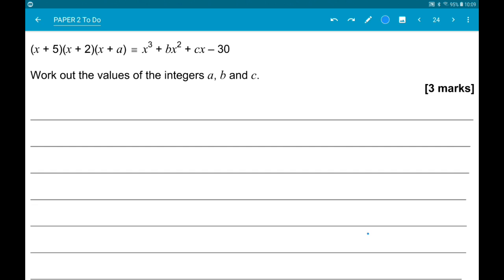So, a good way to start here would be to multiply x add 5 by x add 2. So the left-hand side is x squared add 7x add 10 times x add a.